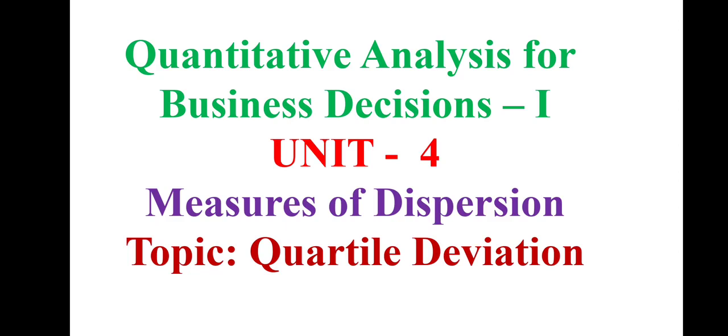This topic is the same as median, which we studied in the previous unit, measures of central tendency. The same procedure we are going to follow here. First we are going to study the definition of quartile deviation.